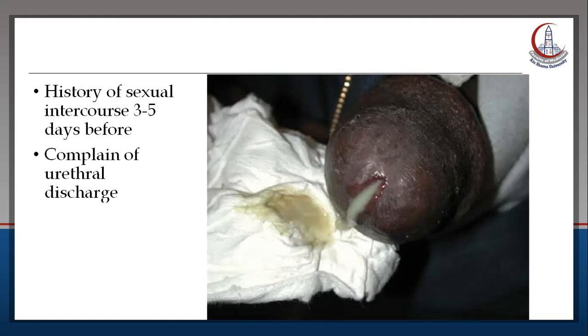We call it profuse urethral discharge, which starts 2 to 5 days after the sexual intercourse. Usually the patient presents complaining of urethral discharge.